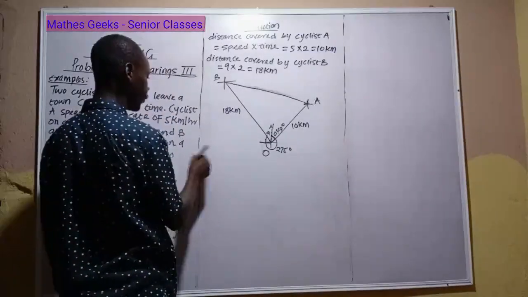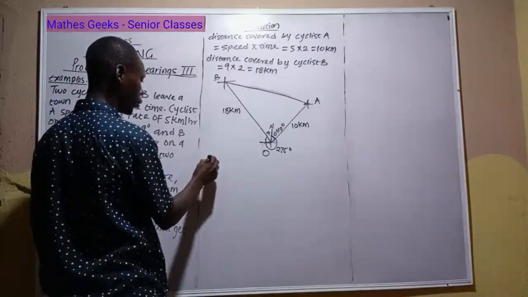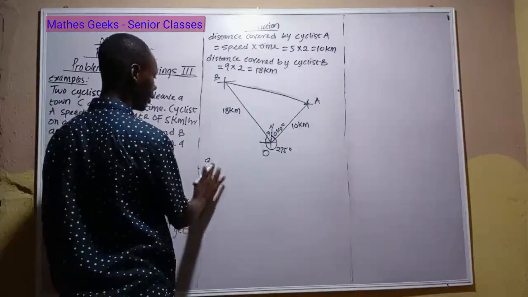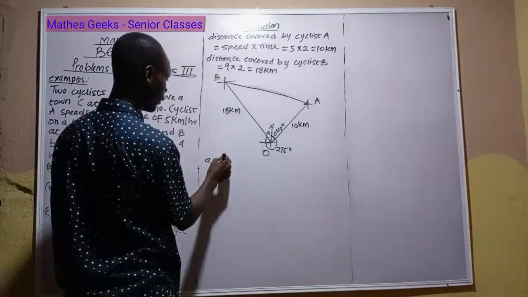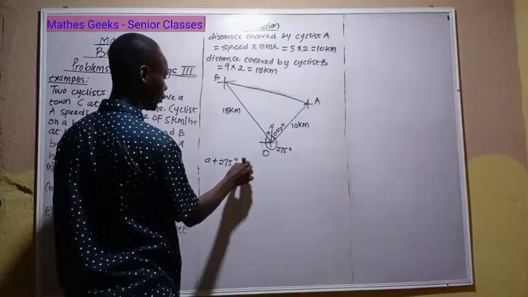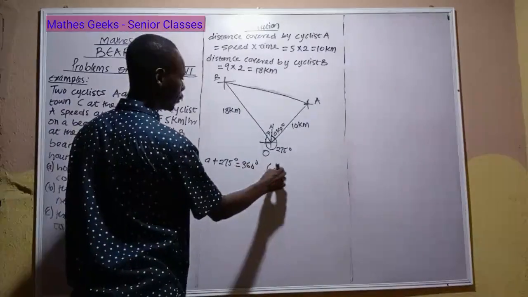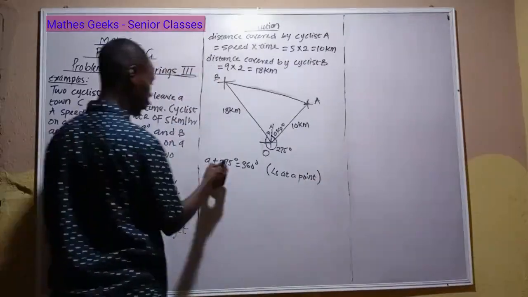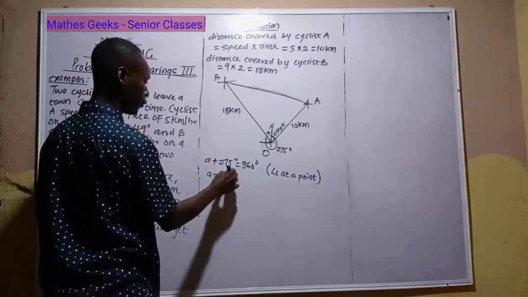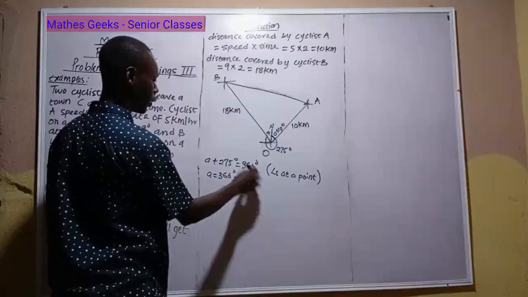The angle E will give us E plus 275 degrees is equal to 360 degrees. Why? Angles at a point. Giving E is equal to 360 degrees minus 275 degrees.